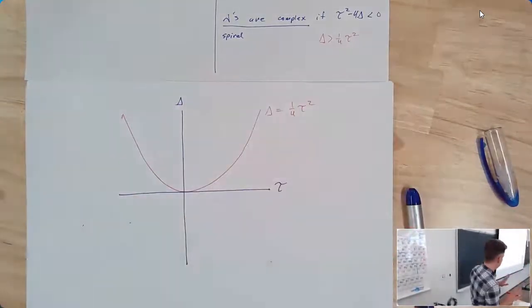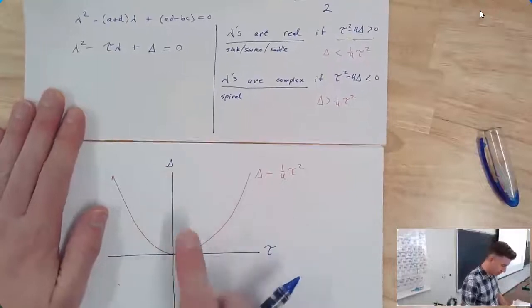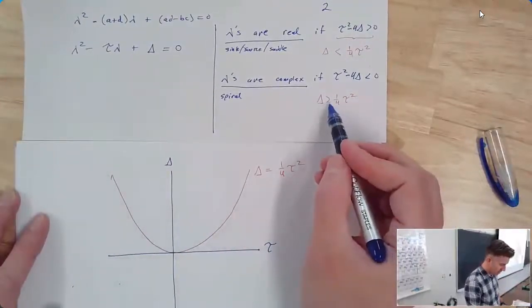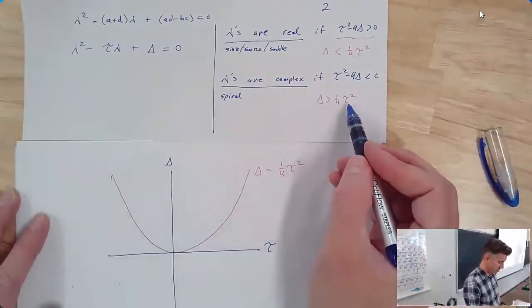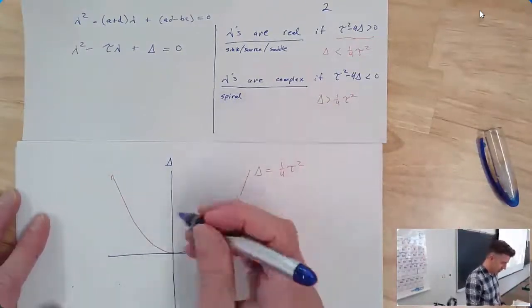Now check this out. It's kind of cool, I promise you. Up here, where the determinant is bigger than 1/4 the trace squared, we have spirals. So up here is spiral land.